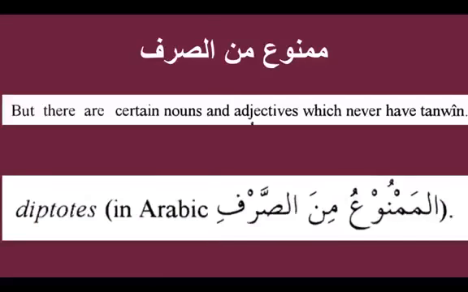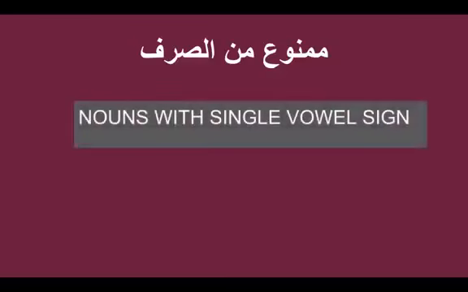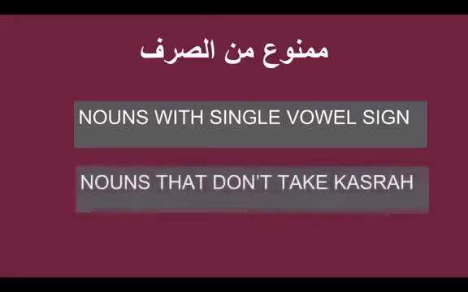There are, however, nouns which can never have tanween. In the natural state, they have only one dhamma. These are called diptotes, or in Arabic al-mamnu' min as-sarf. So these are the nouns which take only a single vowel sign, and also these are the nouns which don't take a kasra in the majroor form.